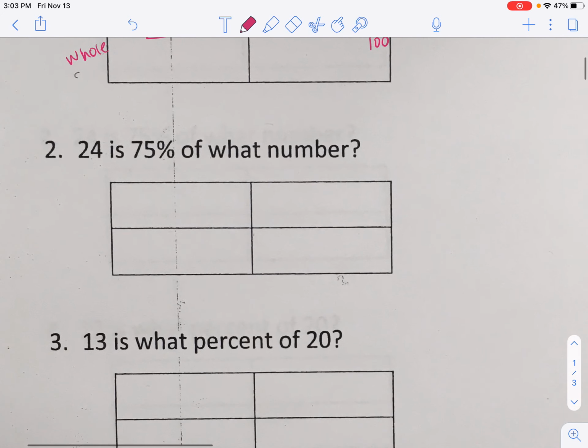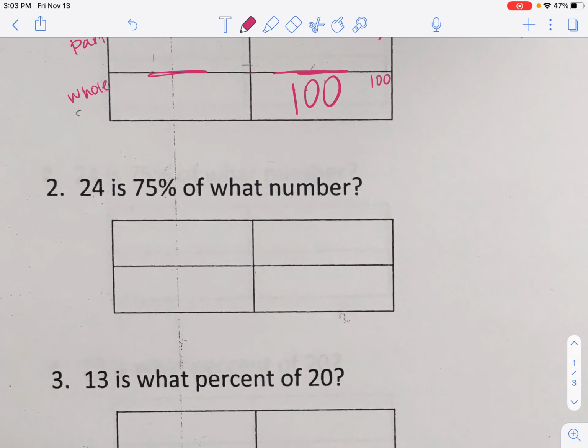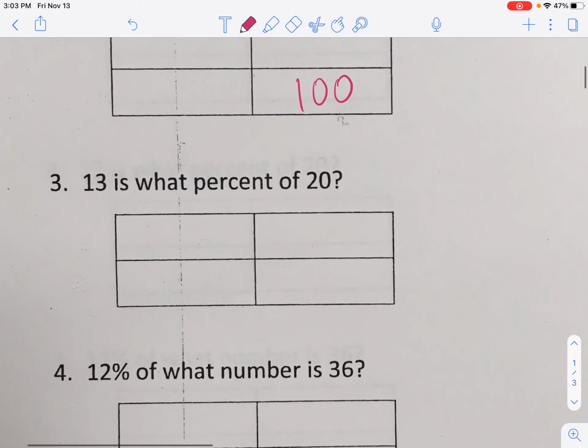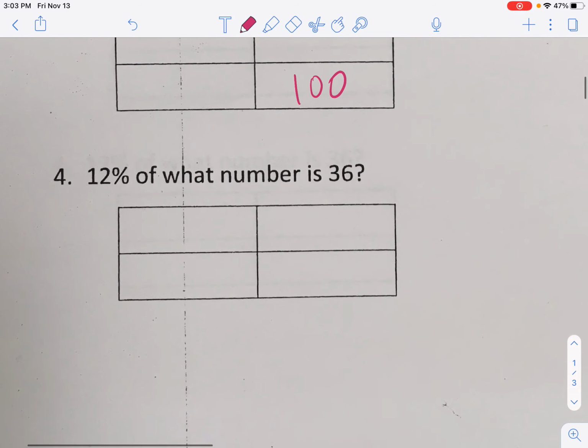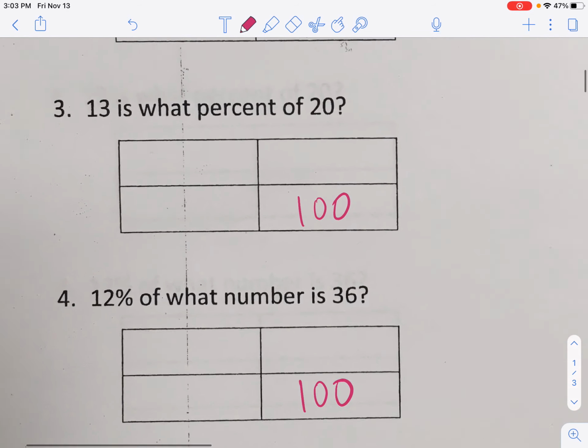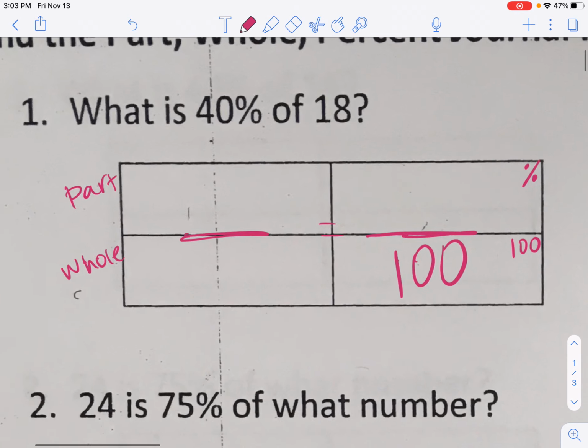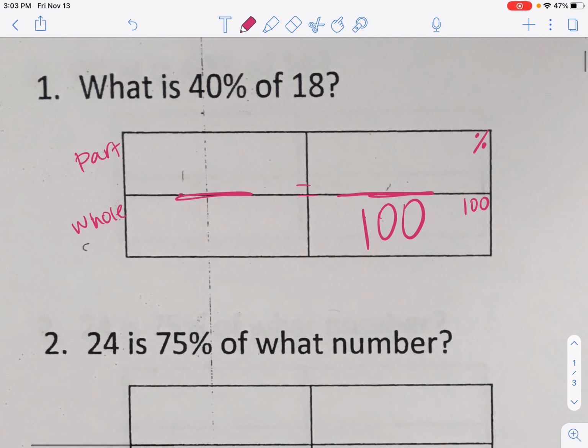Down here, we are always going to write 100 on the bottom. And since a percent is always out of 100, the percent number that we're given is going to go above 100. Number 1 says, what is 40% of 18? I'm given my percent, and I'm trying to find what is 40% of 18.